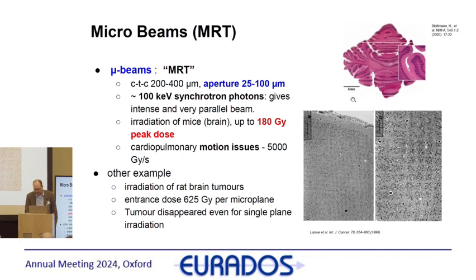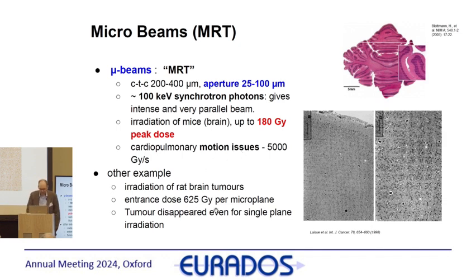However, since these are very, very narrow beams, we are very sensitive to cardiopulmonary motion issues. The tissue simply moves with the heart beating, and you don't want the beams to wash out as a function of time. So it was also combined with a very, very high dose rate. So actually what's going on here is FLASH and microbeam radiotherapy all in one go.